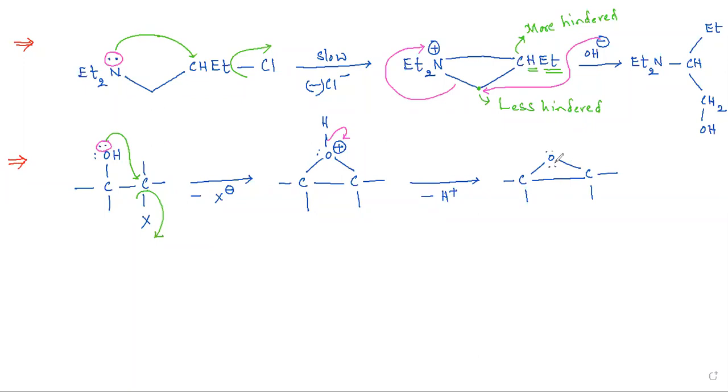Now because it is anyway stable, as the intermediate that we got after neighboring group participation is stabilized, there won't be any nucleophilic attack. That's it. The reaction ends here because it is anyway stable. Okay, so this is another variety. Intermediate formed after NGP may sometimes get stabilized.